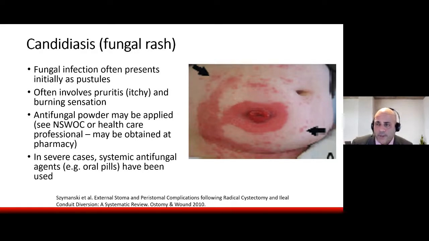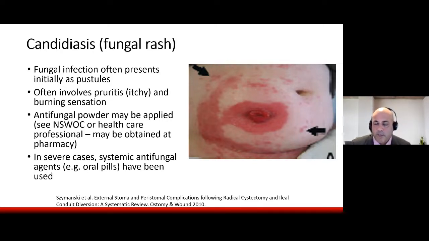It's not uncommon for some people to get fungal rashes, especially in the hot summer months, when we're sweating. We know that the barrier material is meant to absorb small amounts of moisture, but in some climates, or in some situations, we may tend to sweat a lot more than others. And the problem with that is that, keep in mind, the barrier has to stay on the skin.